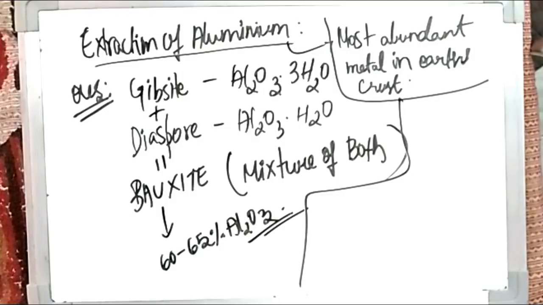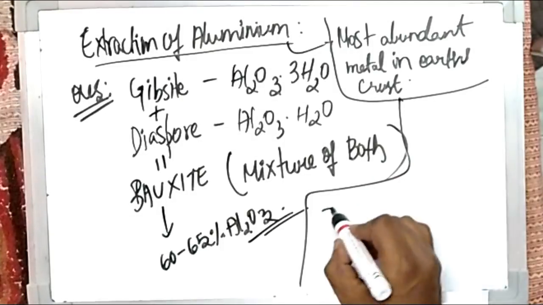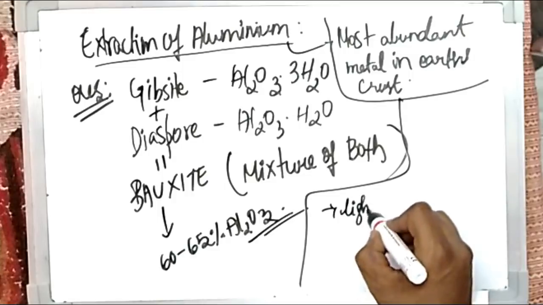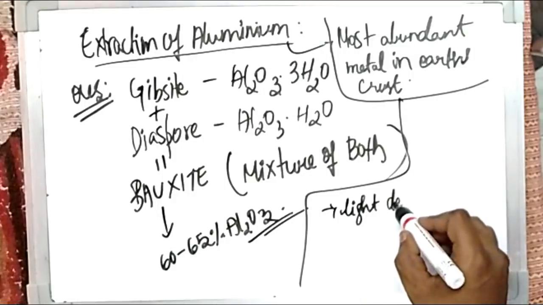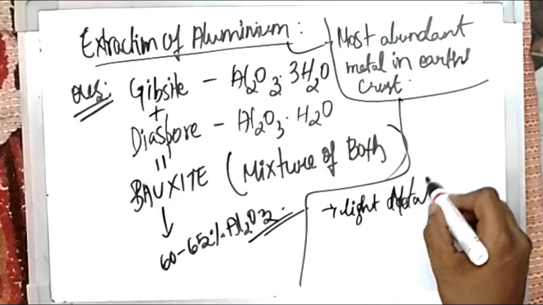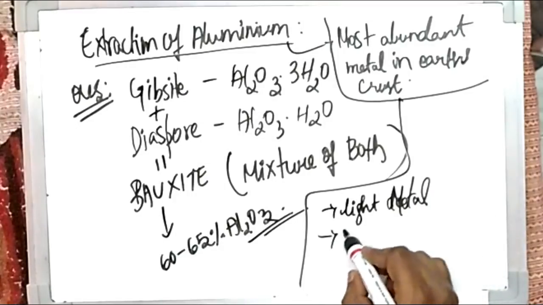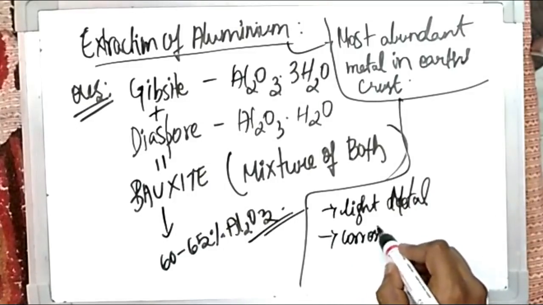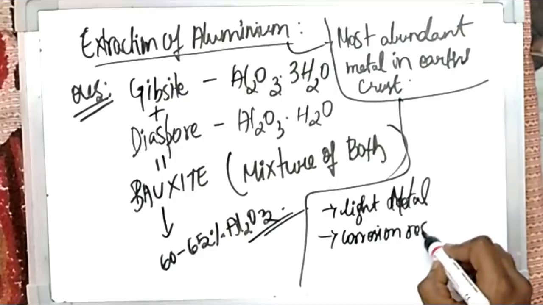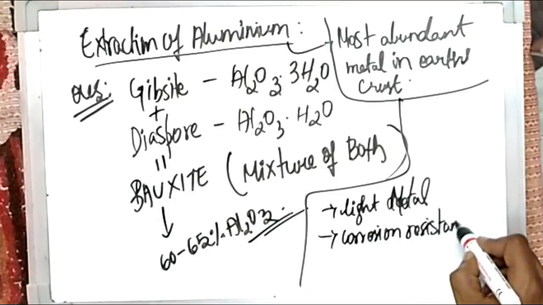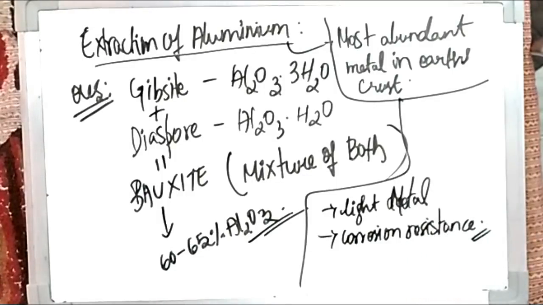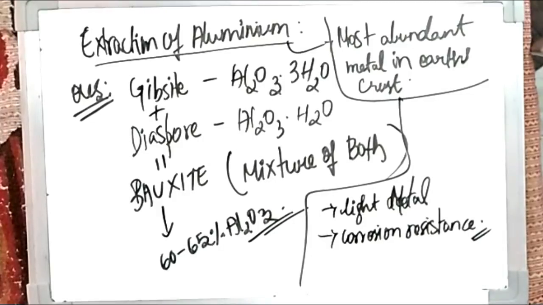It is one of the light metals, that means it has a low density, and that's why we call it a light metal. It also has excellent corrosion resistance, so we can see aluminium in our surroundings, even in atmospheric conditions.